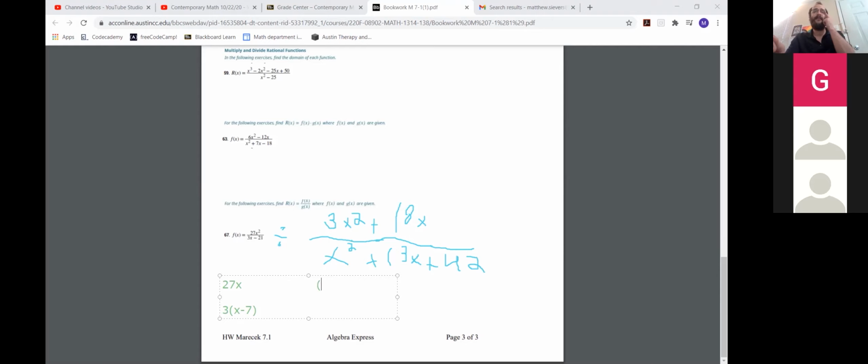So that bottom, I'm just going to go ahead and factor it with x plus 6 and x plus 7, I think. And now I am flipping this. If I flip that top, I can factor the top with the 3x as a GCF. And I'm going to do x plus 6.